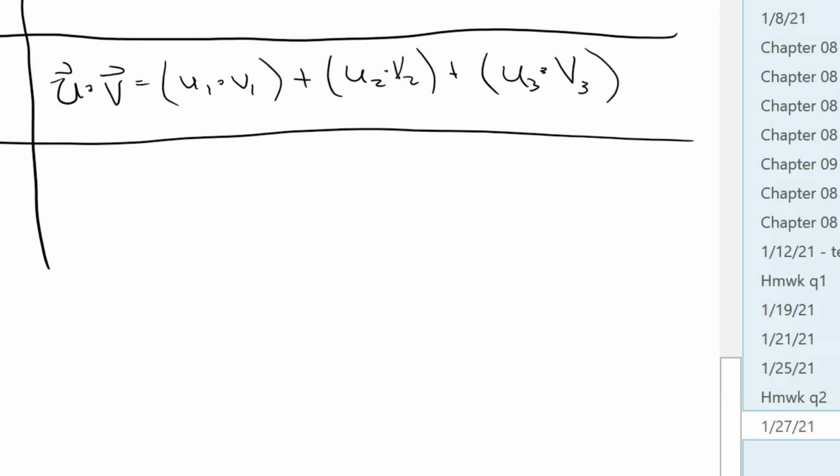And then all the dot product properties are still going to hold in 3 dimensions. So u dot v is the same as v dot u. u dot the 0 vector is the number 0, I should say, to be a little bit more clear. The distributive property, the scalar associative property, the magnitude property, all of those things still hold.